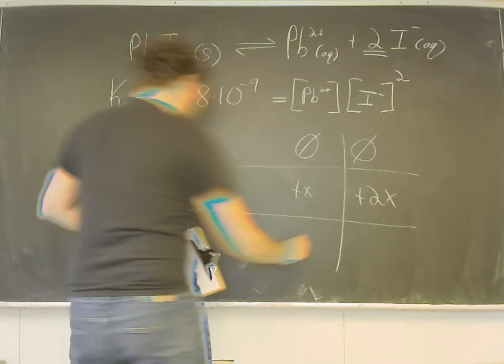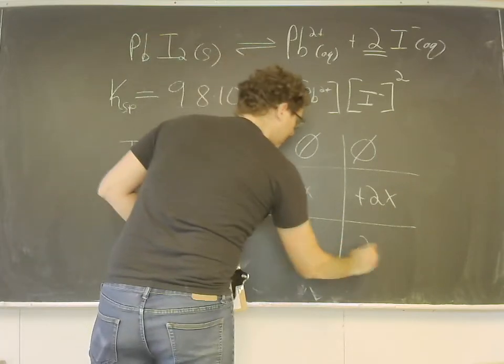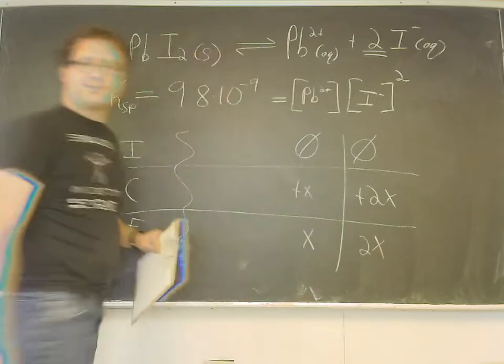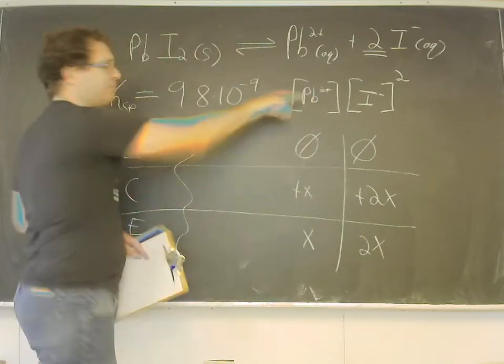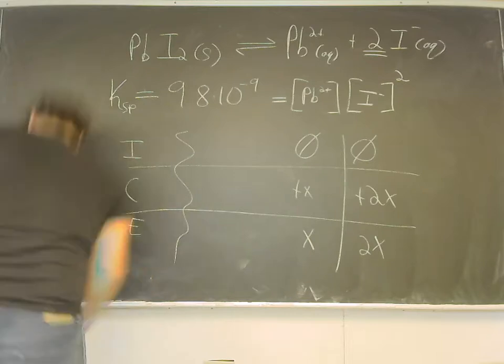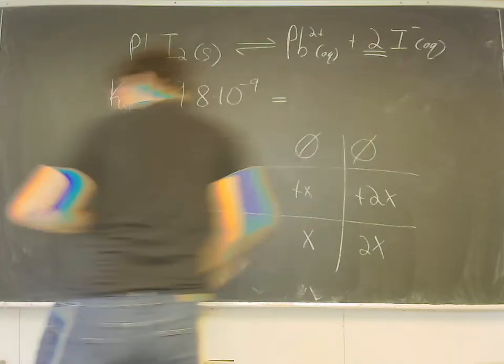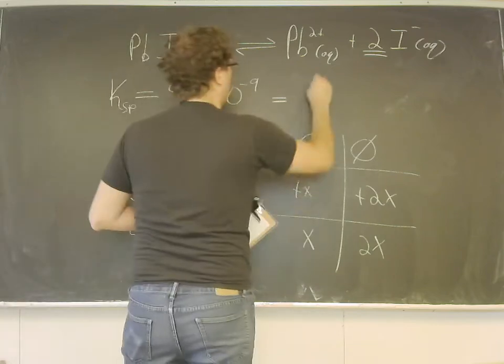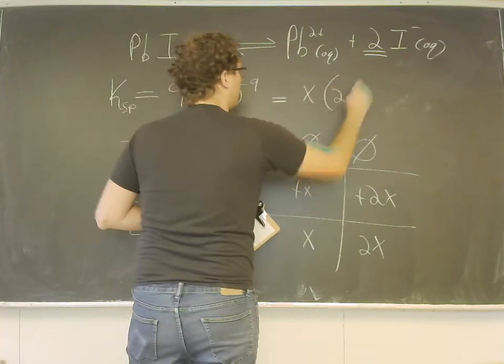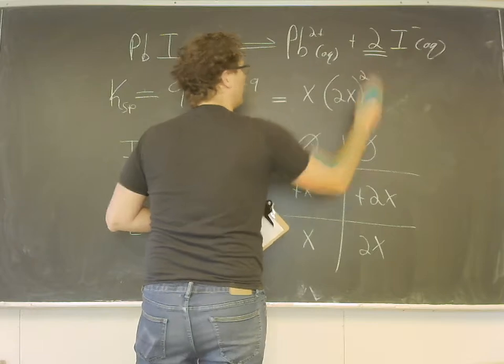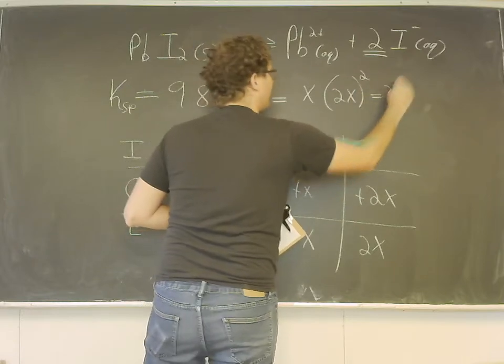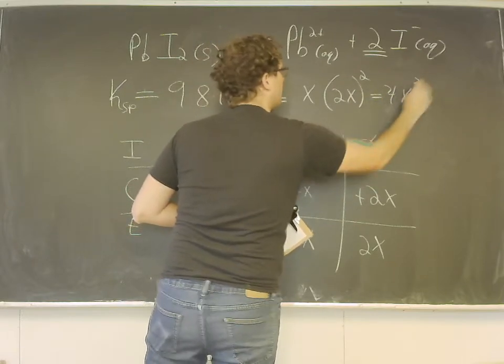And so the equilibrium values are x and 2x. Now let's go ahead and plug those back into the equilibrium expression. So we have x times 2x squared, and we can simplify that to be 4x cubed.